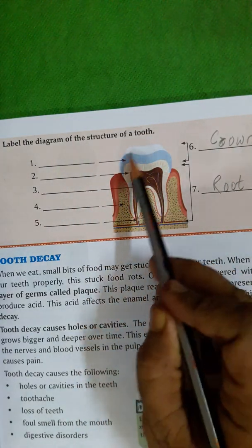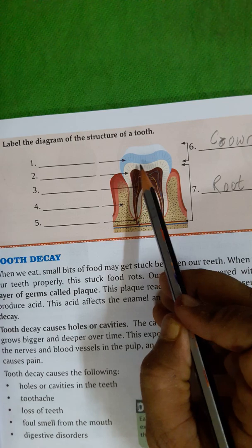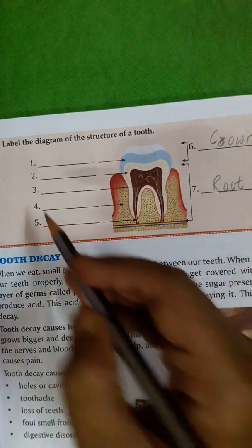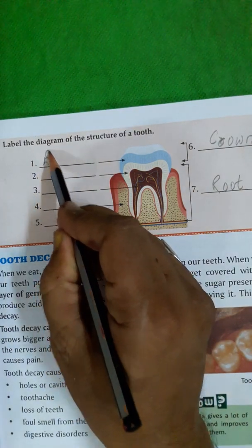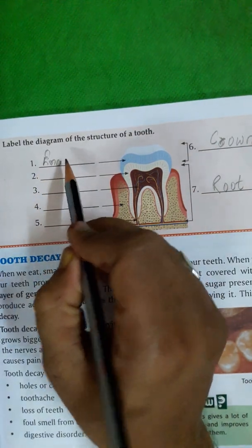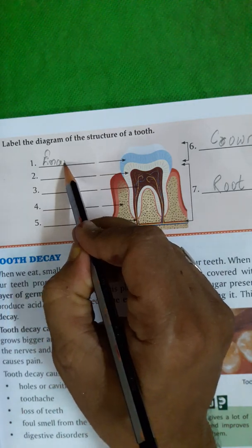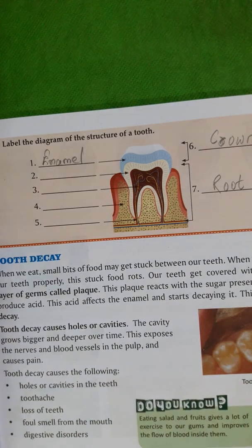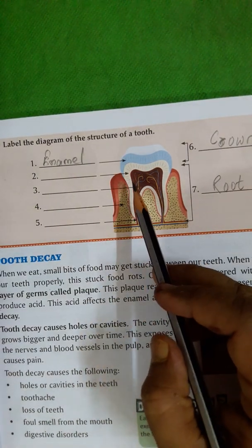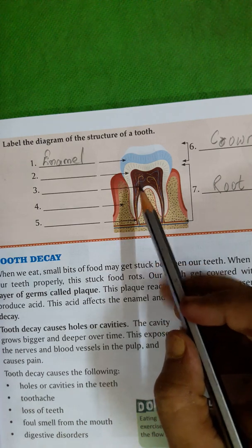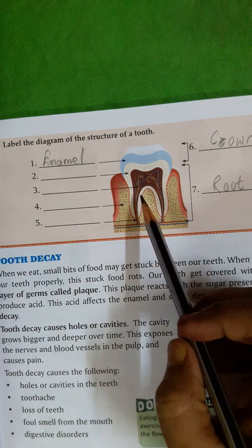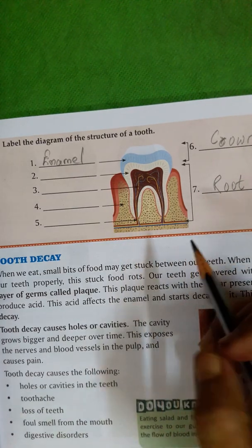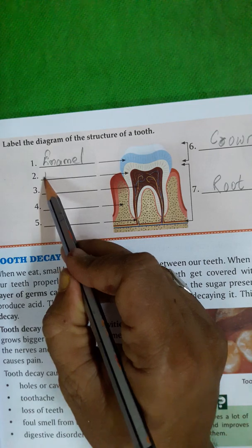Next, the upper portion of the crown, which is a hard layer, is known as enamel, E-N-A-M-E-L. Next, the hard portion which forms the main part of the tooth is known as dentine, D-E-N-T-I-N-E.